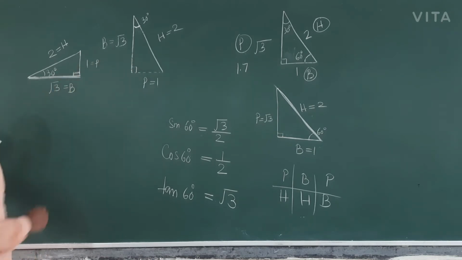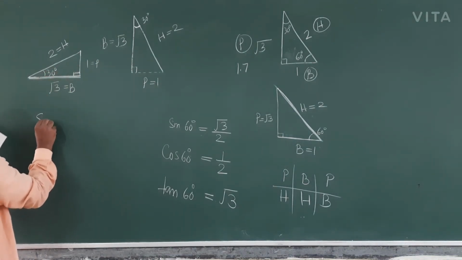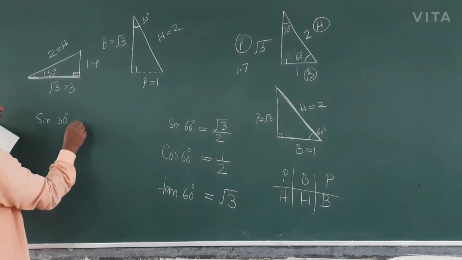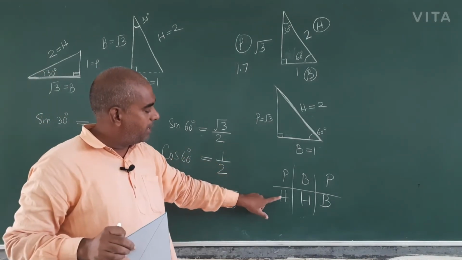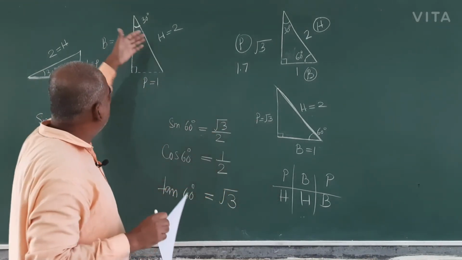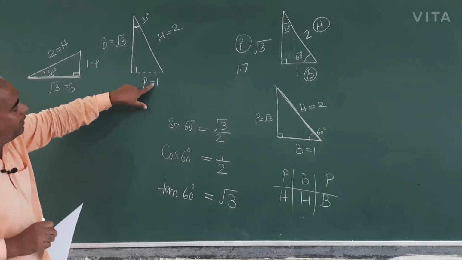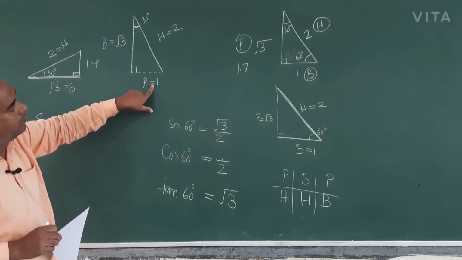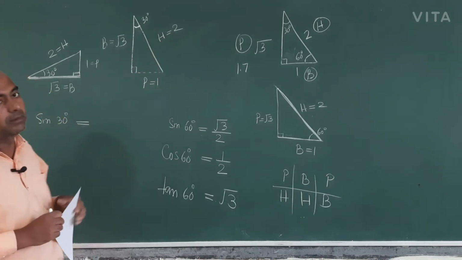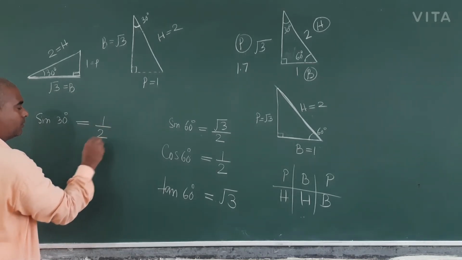The same figure. Okay, this time sin 30 degree. Sin 30 is perpendicular by hypotenuse. You can take this figure also, perpendicular for 30 is 1, hypotenuse 2. So sin 30 degree is 1 upon 2.